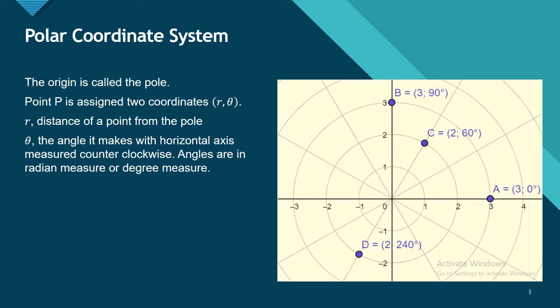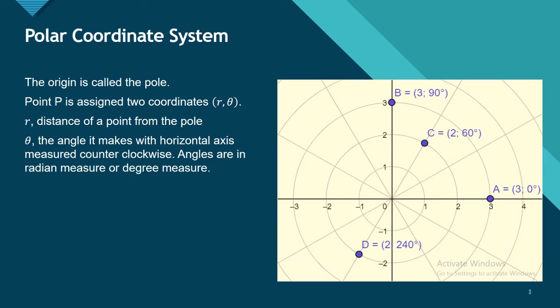So in this example, point A is 3 units from the pole, and it makes an angle of 0 degrees. Point B is 3 units from the pole. It makes an angle of 90 degrees from the positive side of your horizontal axis, measured counterclockwise.